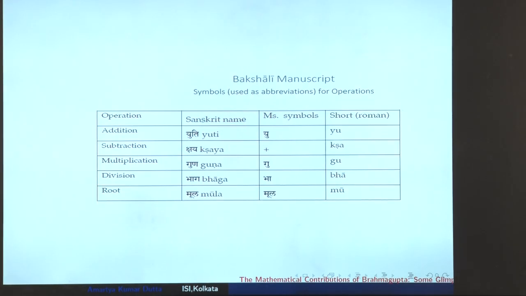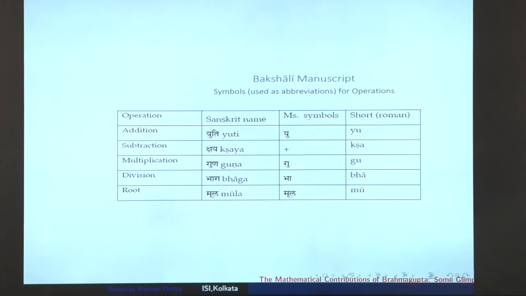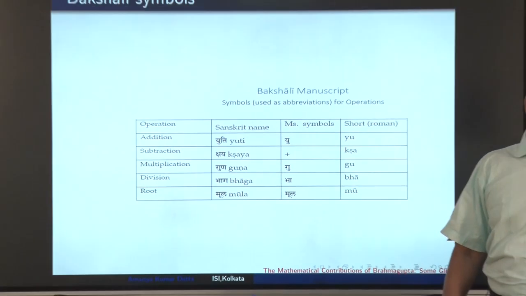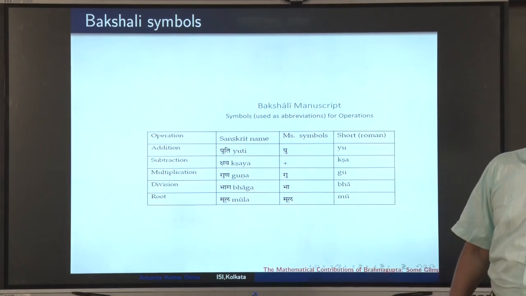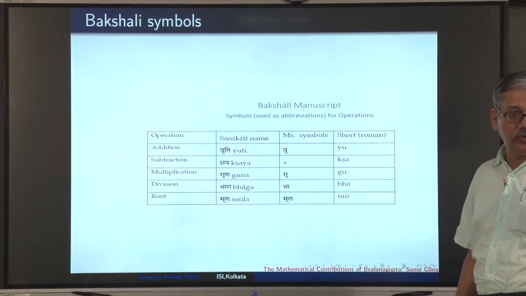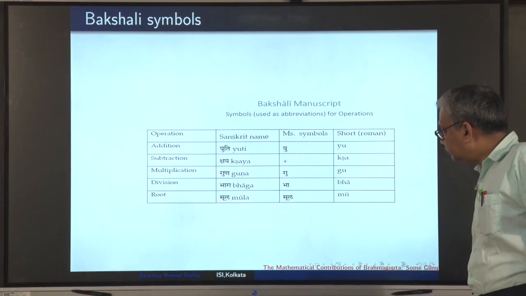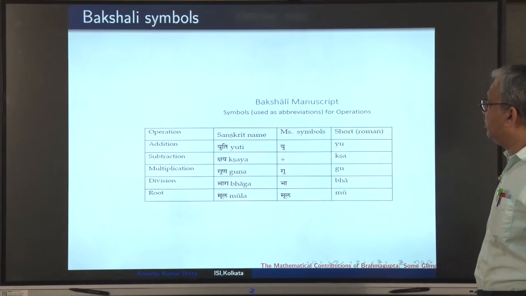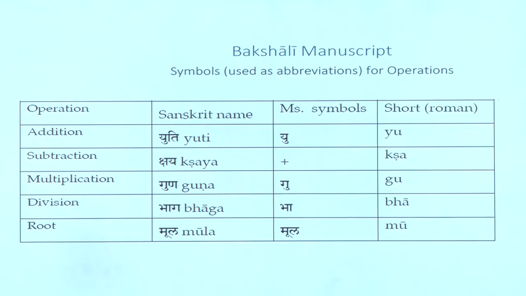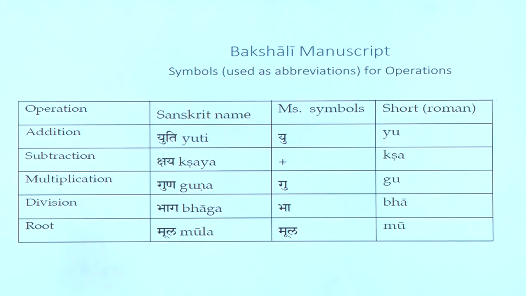And then Bakshali. The Bakshali manuscript, not the manuscript that is kept there, but the original one, is believed to be written in 200 or 300 AD. The Sanskrit term is yuti for addition, and the Bakshali manuscript uses u, the first letter.